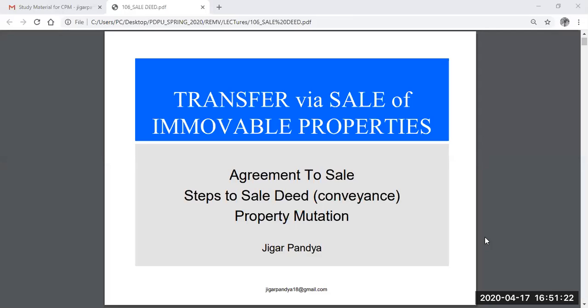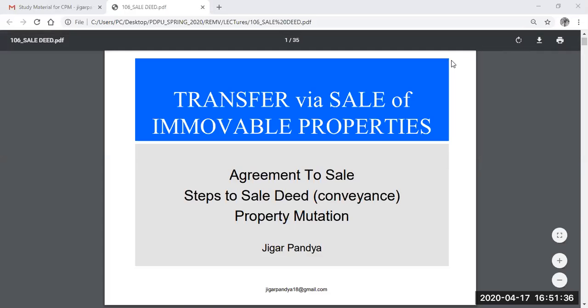successfully completing a sale. So this type of transfer is covered in the Transfer of Properties Act.